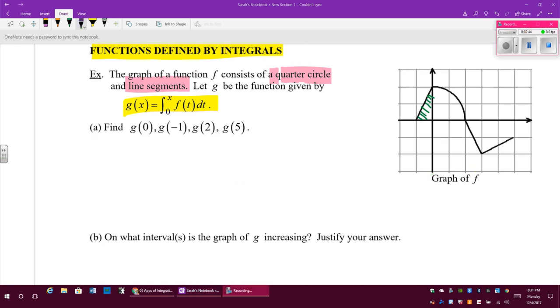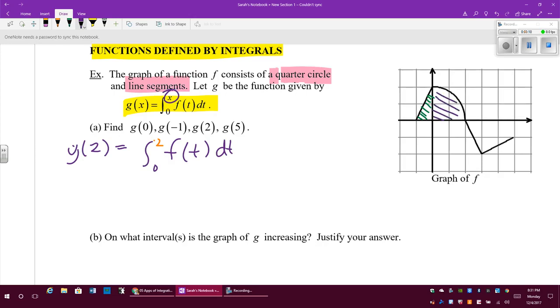Okay? So now let's find g of 2. Again, all I'm doing is replacing x with a 2. And this is saying that this function g is the area under the curve of f. So the area from 0 to 2 is my quarter circle that's over here on the right-hand side.